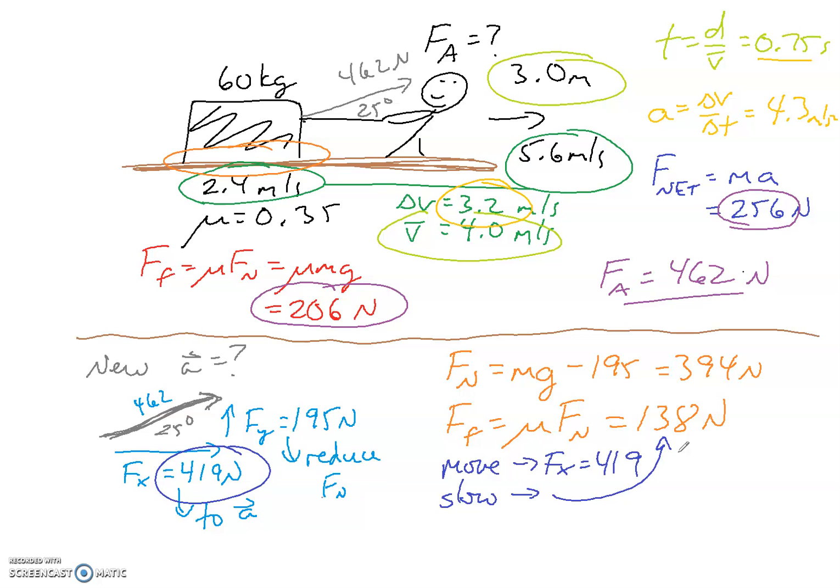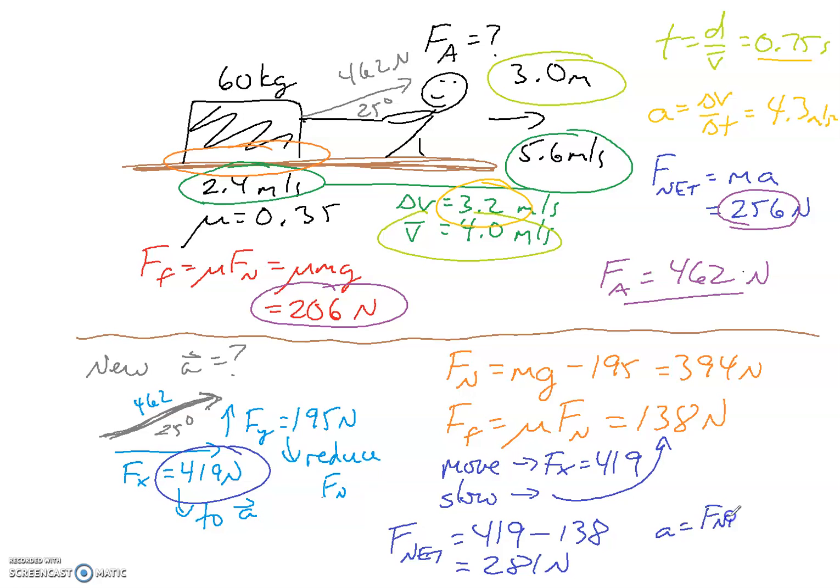That's my friction. So if I use those two, I can calculate my net force. I've got 419 trying to move it, and I'll subtract the 138 for friction. 419 take away 138, net force around 281 newtons.